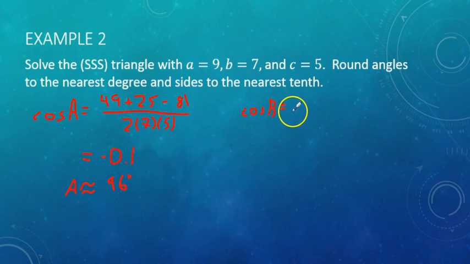So the cosine of B formula, we have that it equals A squared, which is 81, plus C squared minus B squared, and this is going to be divided by 2 times A times C. So this time in your calculator, 81 plus 25 minus 49, and divide that by 90.